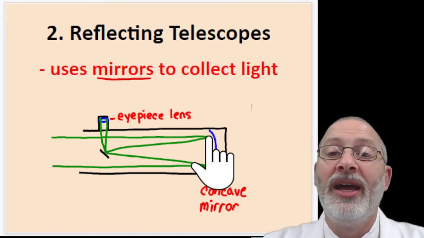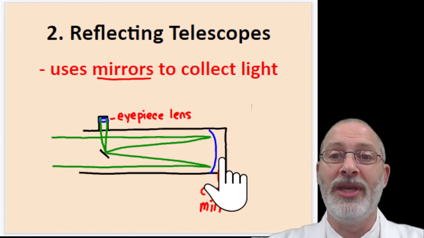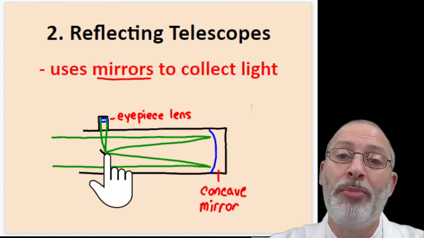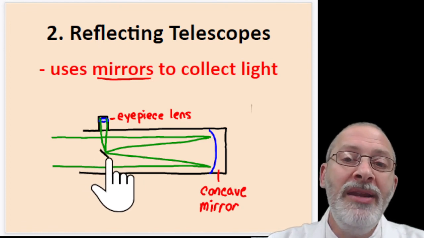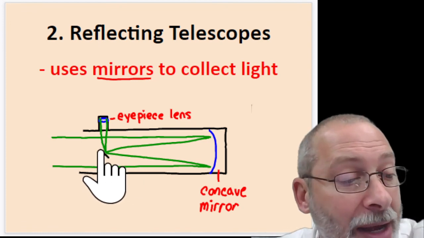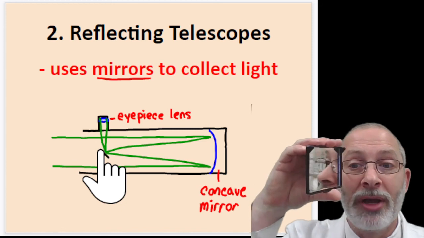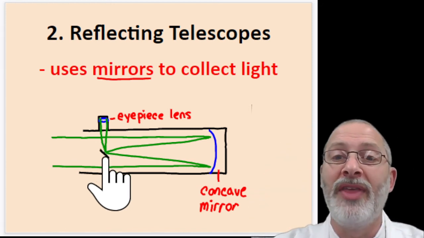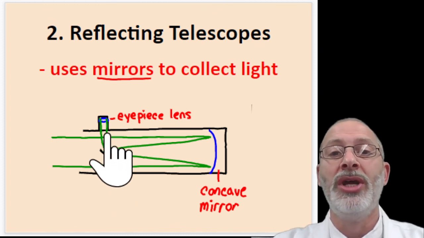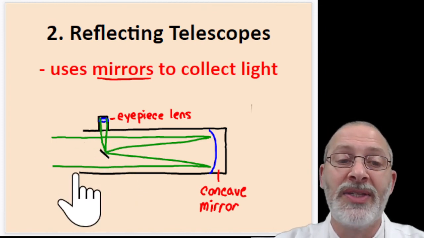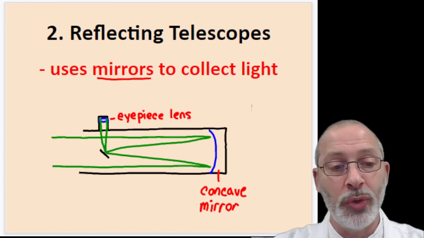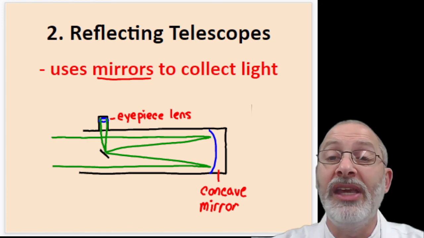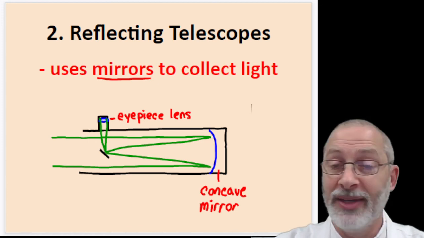That concave mirror is what is used to collect light and focus it to a point. And then a plane mirror, a flat mirror, and you remember talking about the plane mirror from yesterday. The plane mirror then reflects that image up to an eyepiece lens that you can then use in order to focus the image to your eyes.